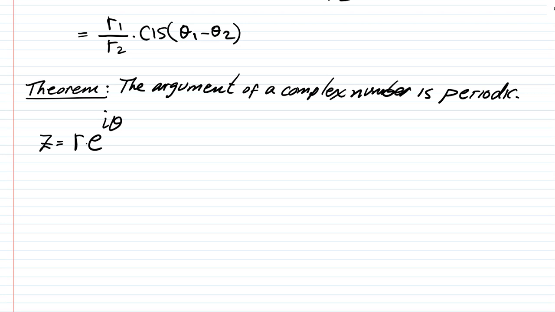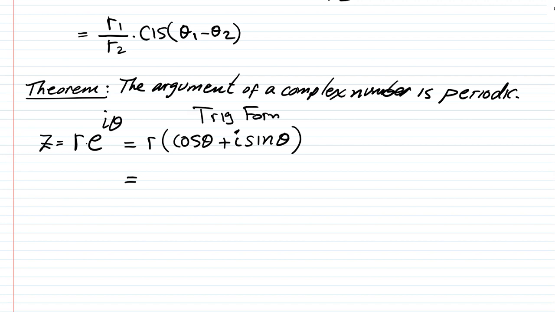Okay, the argument of a complex number is periodic. So let's see what this means. This r times e to the i theta, I can write as r times, using Euler's formula, cosine theta plus i sine theta. Well, that's just straight exponential form to trig form. And by the way, this is what the trig form is. The trig form involves cosine and sine.